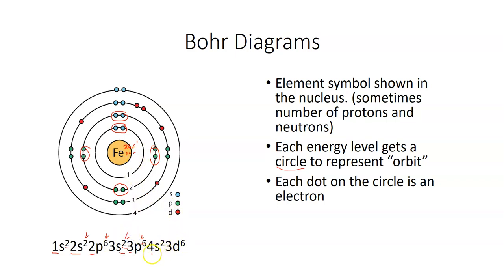Now, the 4s electrons, so our fourth energy level, is represented with this fourth ring right here. Notice, though, that in our fourth energy level, we only have 2 electrons, right? And those are those 2 in the 4s, those 2 right here, 1 and 2.